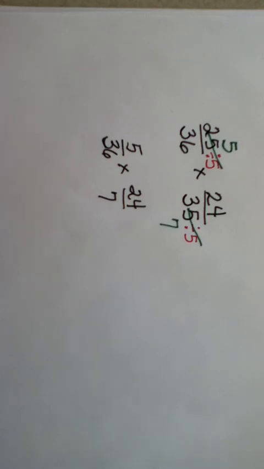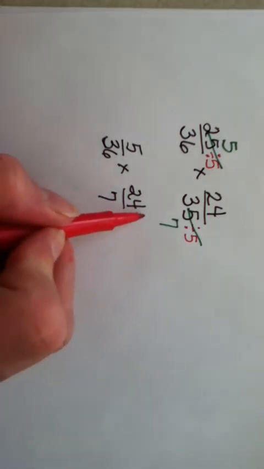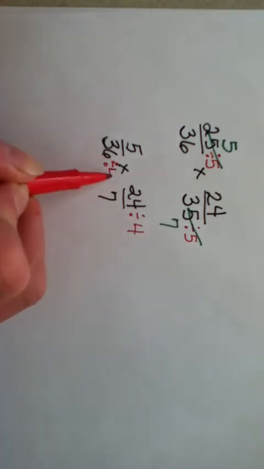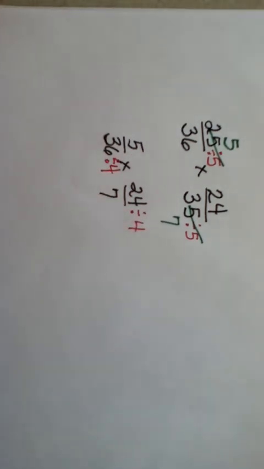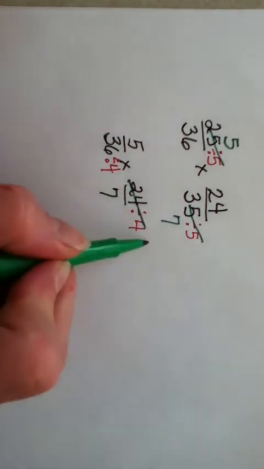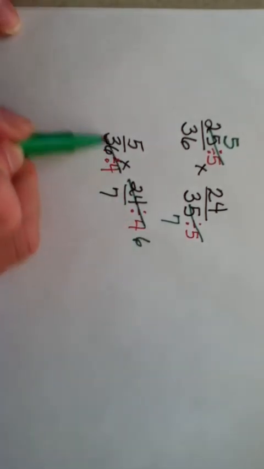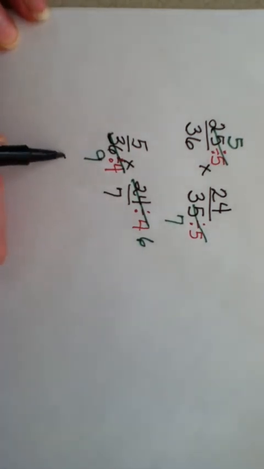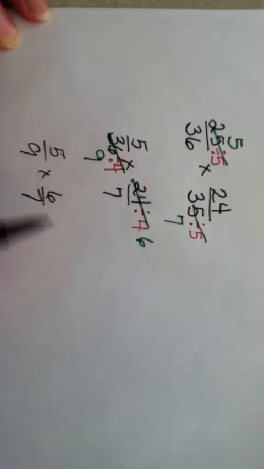It must be the same number. Well, I see I can divide 24 and 36 by 4. 24 divided by 4 is 6. 36 divided by 4 is 9. And now my problem has become 5 over 9 times 6 over 7.